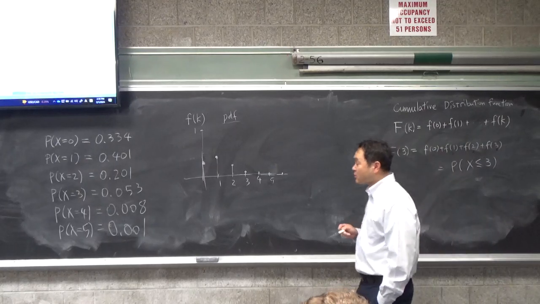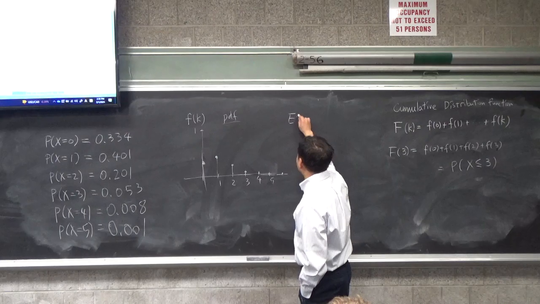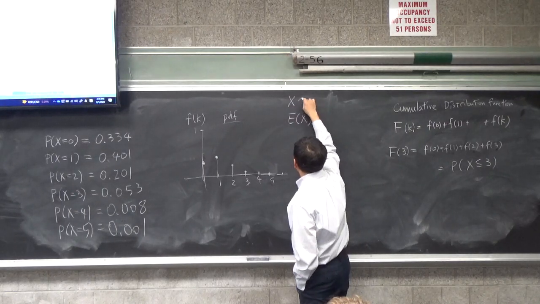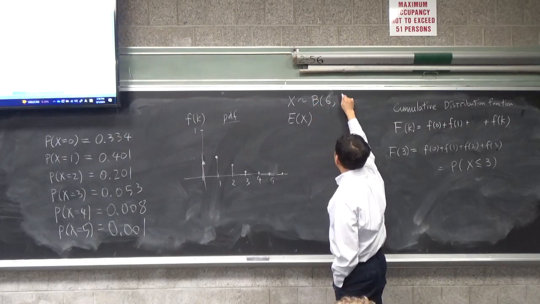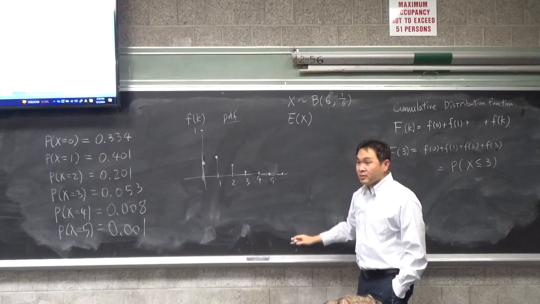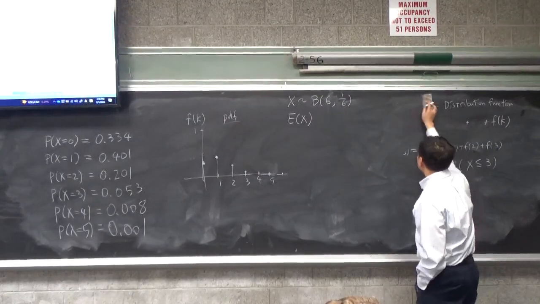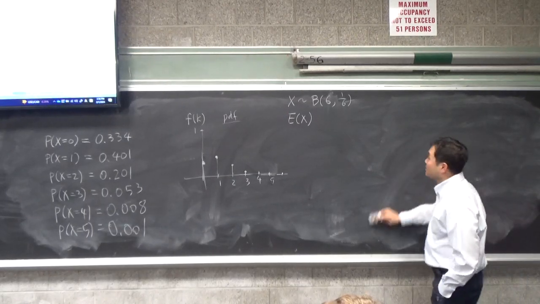In addition to this, we also learned of this expectation value, right? So if x follows the binomial B(6, 1/6), I'm giving you a new symbol here.